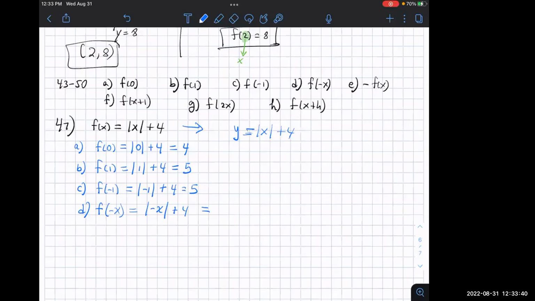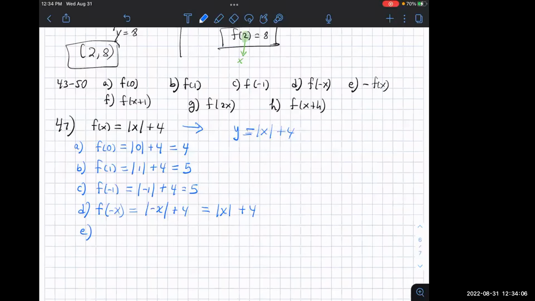I could say that the absolute value of the opposite of x is the same as the absolute value of x, plus 4, but then I'm stuck because I don't know if x is positive or negative. It's not going to be x plus 4 if x is negative. So it stays like absolute value of x plus 4.